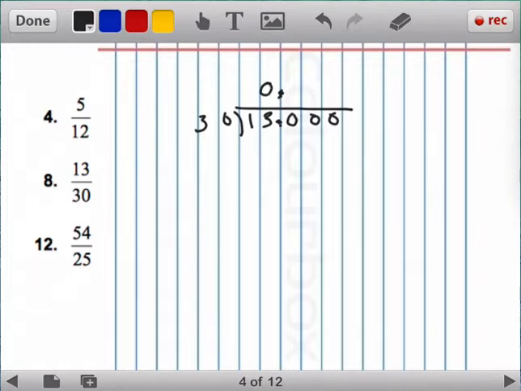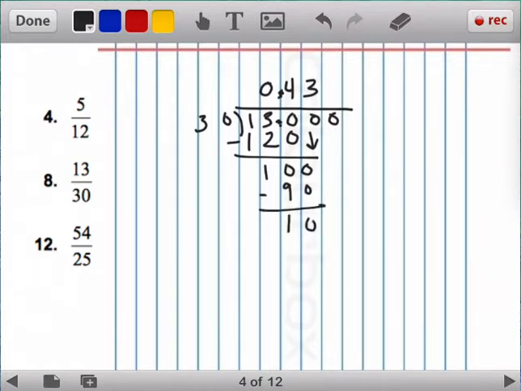No. 30 goes into 130. Yes, 4 times. I get 120. Subtract, I get 10. Bring down a 0. I get 100. 30 goes into 100. 3 times. 3 times 30 is 90. I subtract, I get 10. I have 100 again. 3 times 30 is 90.